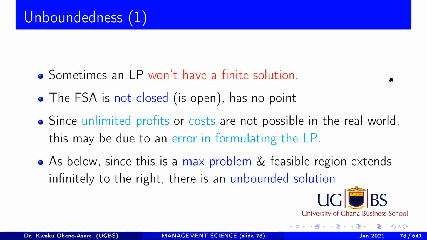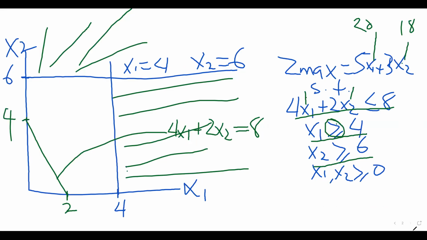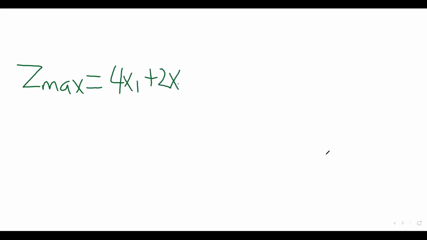Let's take a typical example, a typical model that can lead to such a situation. Let's take a very fresh look. I'm going to give you a Z-max formulation. Suppose I give you a formulation like this, and Z is equal to 4x1 plus 2x2, subject to some constraints.